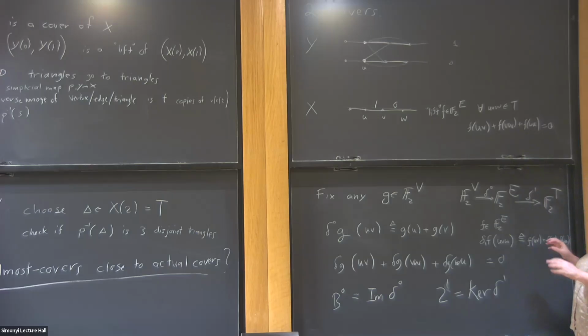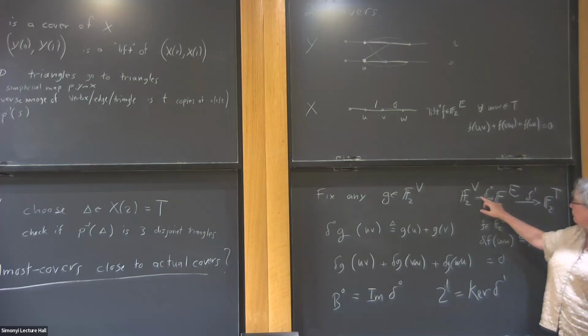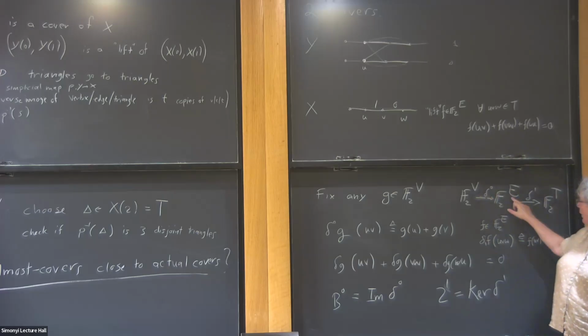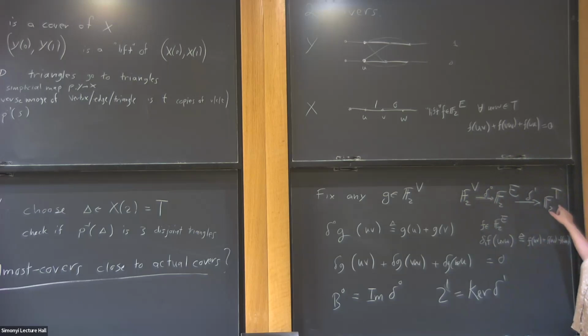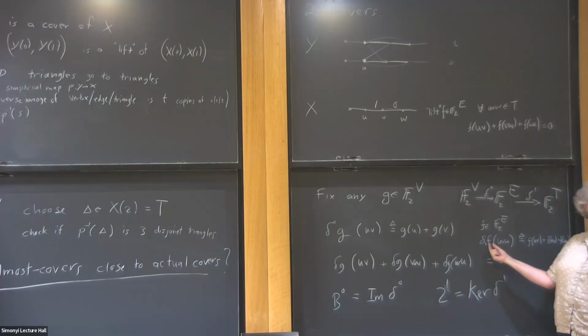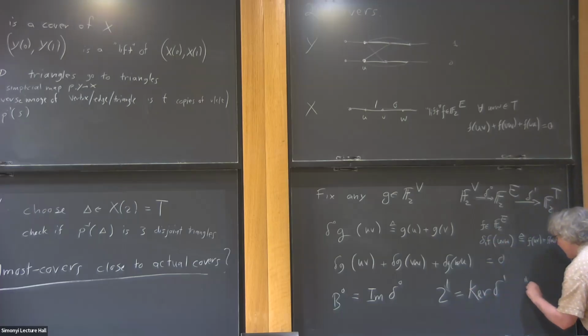So basically, I have these maps. This map moves me from zero chains, functions on the vertices, to functions on the edges. And this map moves me from one chains to two chains, from functions on the edges to functions on the triangles. And it's just by adding the elements. And now, of course, valid covers correspond exactly to the kernel of delta one. Okay, and this is Z1, and these are called cocycles.